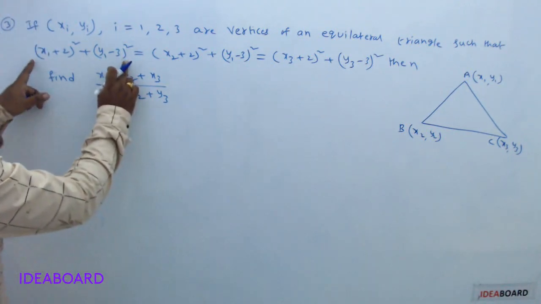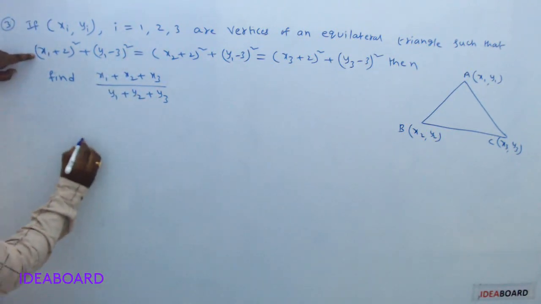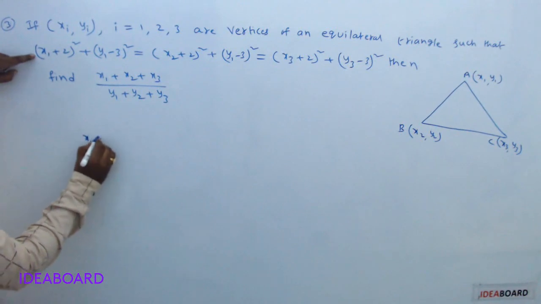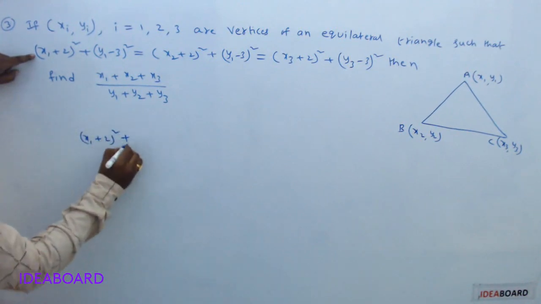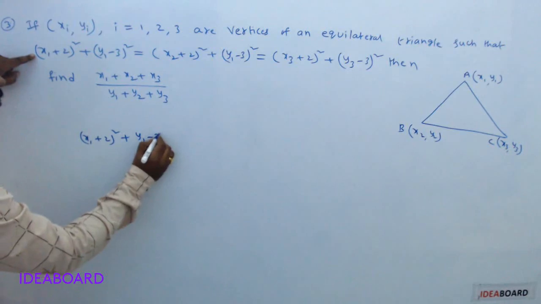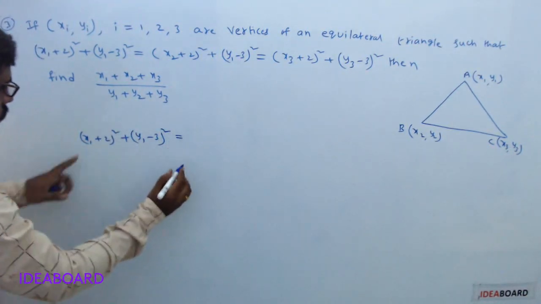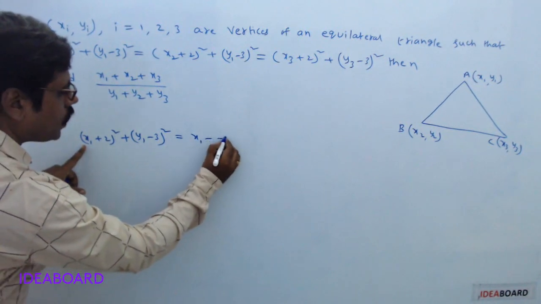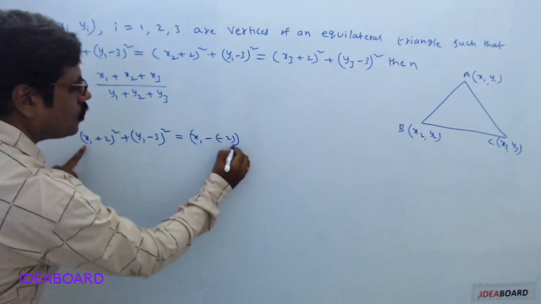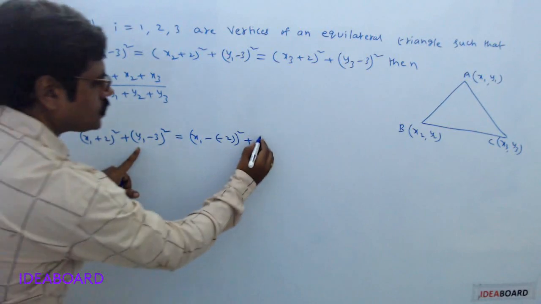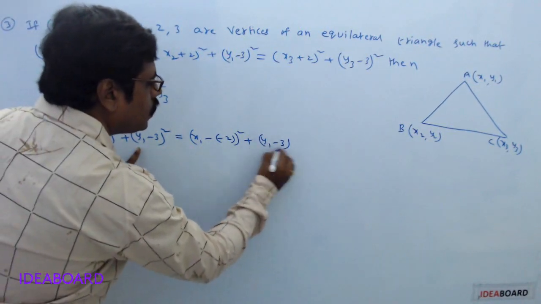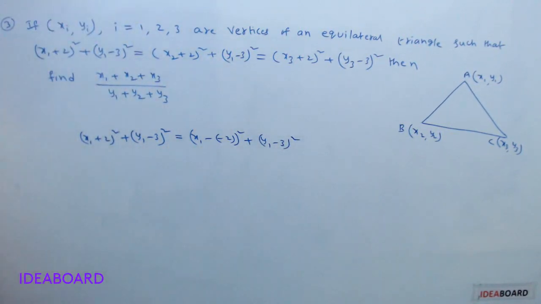Now first take this expression, (x1 plus 2) whole square plus (y1 minus 3) whole square. This can be written as (x1 minus of minus 2) whole square plus (y1 minus 3) whole square.